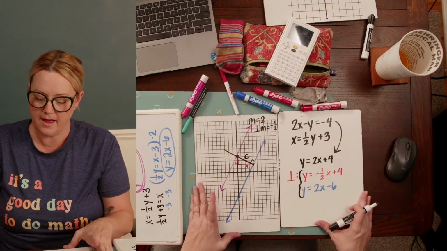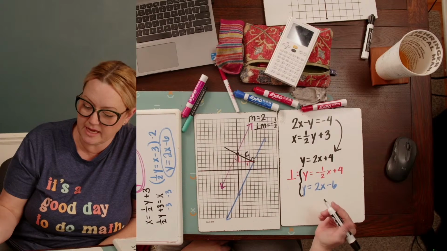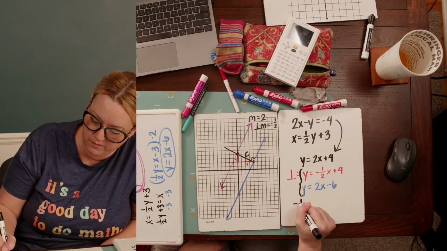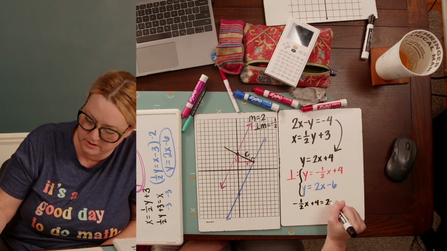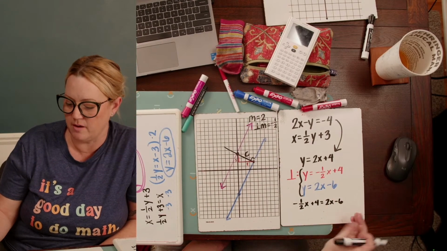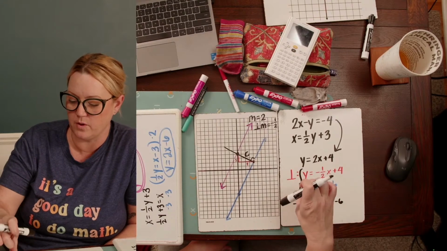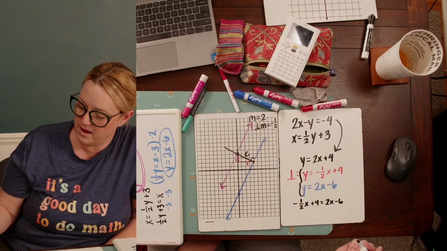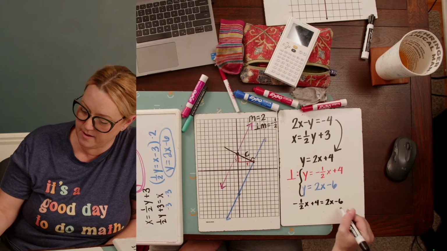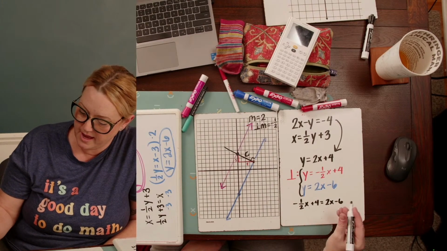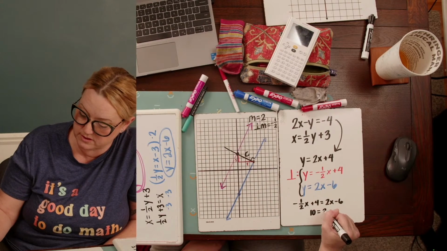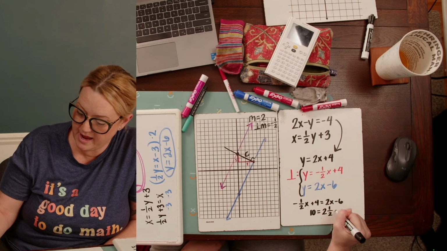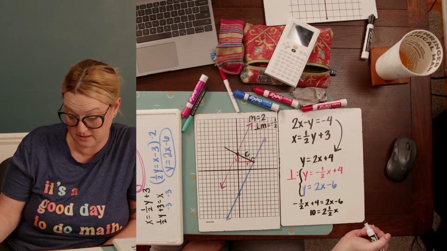So you set them equal to each other. You have -1/2x plus 4 equals 2x minus 6, right? Because you want to figure out the point where this y is the same as this y. So we can add 6 and add 1/2x, so we've got 10 equals 2.5x.